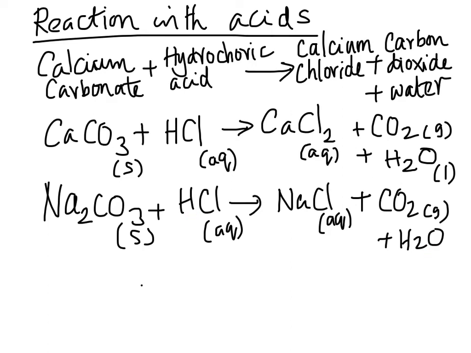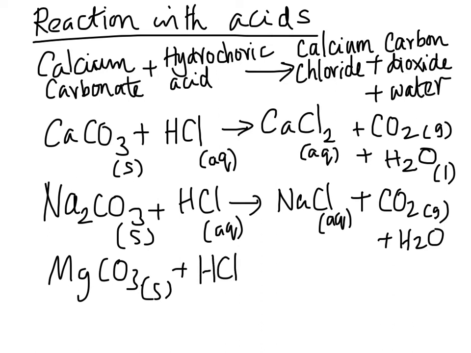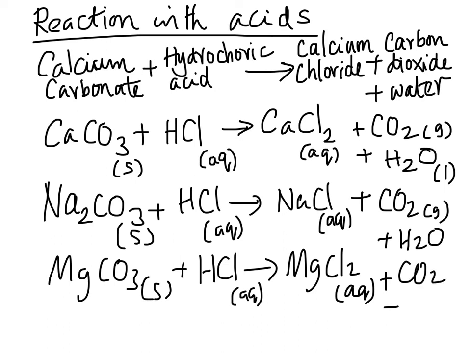What about magnesium carbonate, which is another group 2 carbonate? Would this produce the same reaction as these two? Yes, it does, in a very similar way. You get MgCl2, which is a salt, and you get carbon dioxide and water exactly the same way as these other two reactions here.